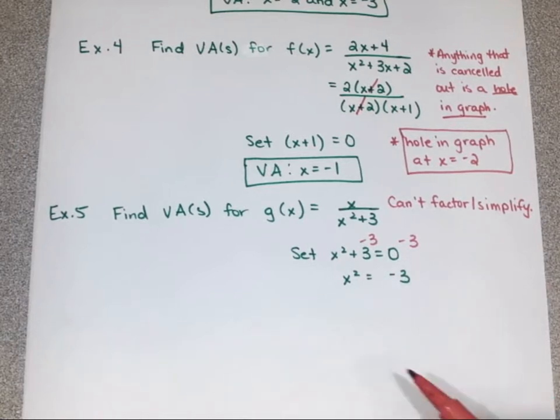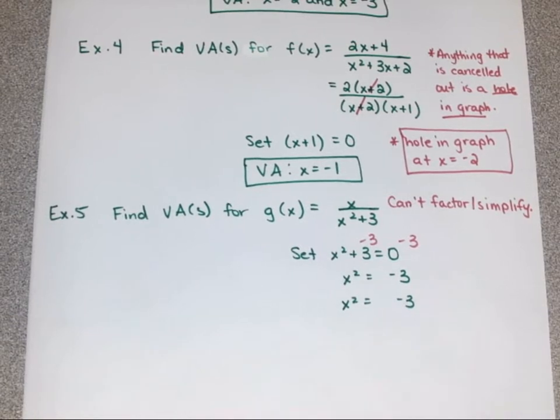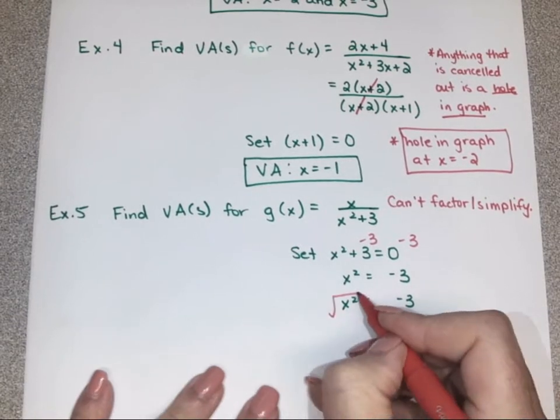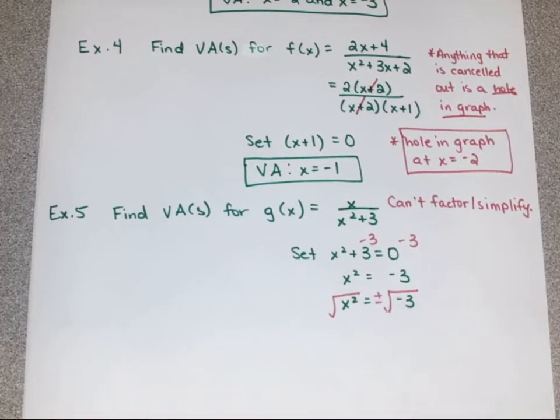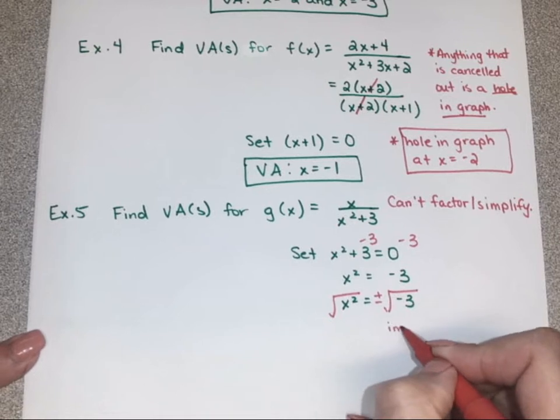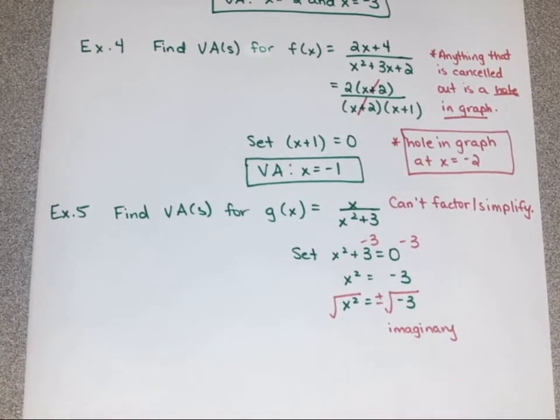And then when I try to go take the square root of both sides, which is what I should do next, so I'm going to rewrite this here so that I show both steps. What's the problem with me taking the square root of both sides? Don't forget the plus and minus. What kind of answer am I going to get here? Imaginary? So what that actually means is there's no value of x that is a real number that's going to make the denominator 0. Okay?